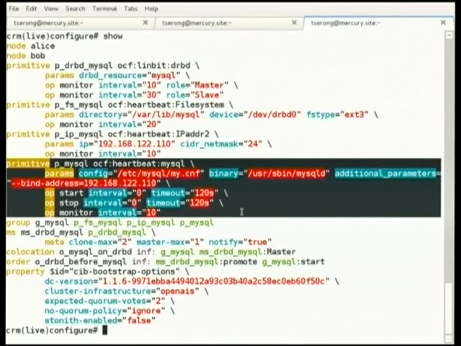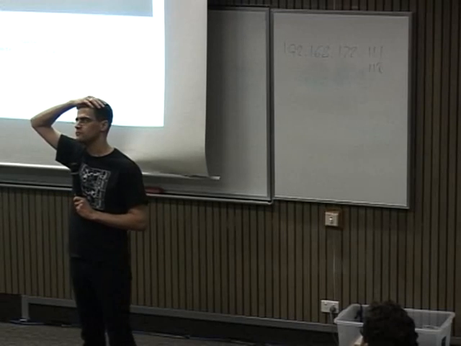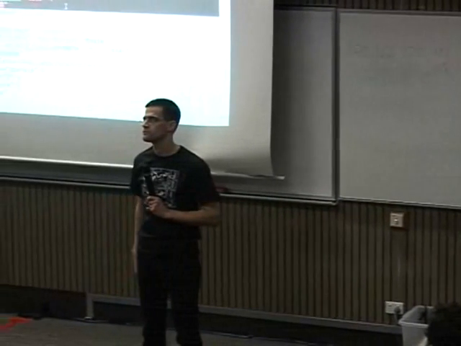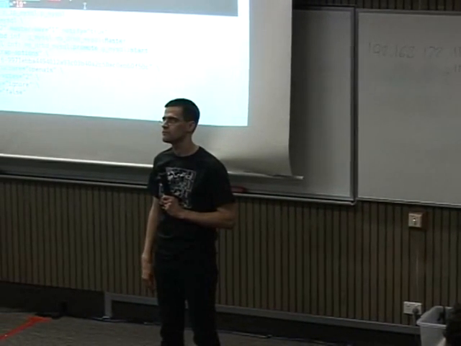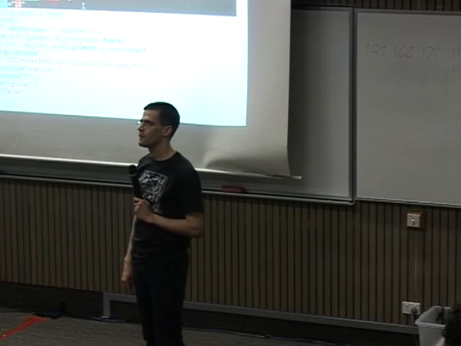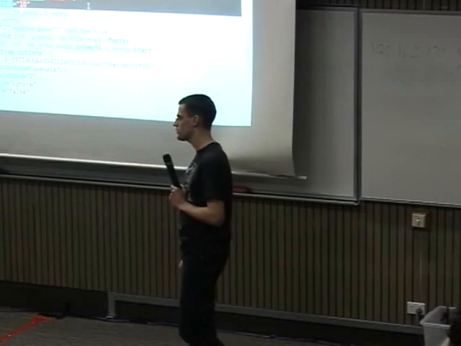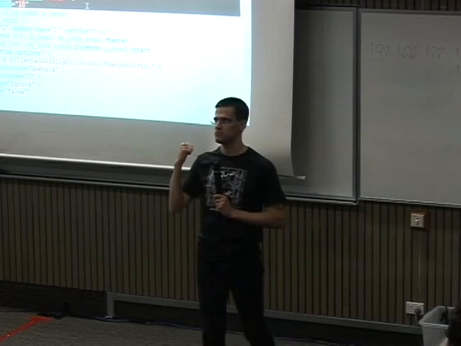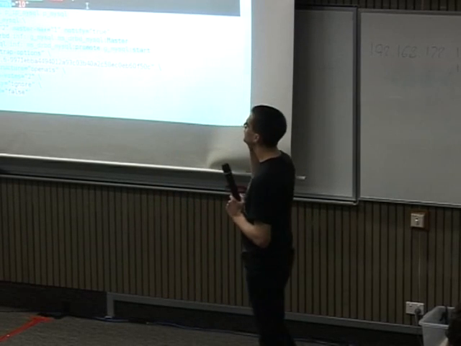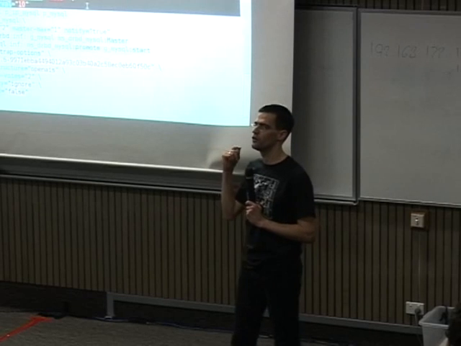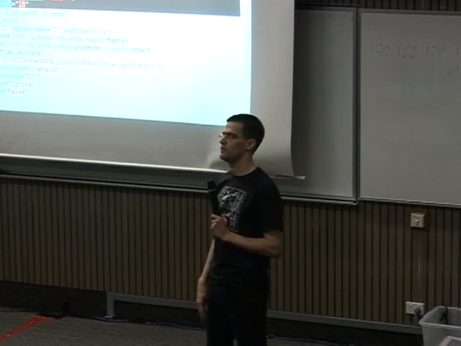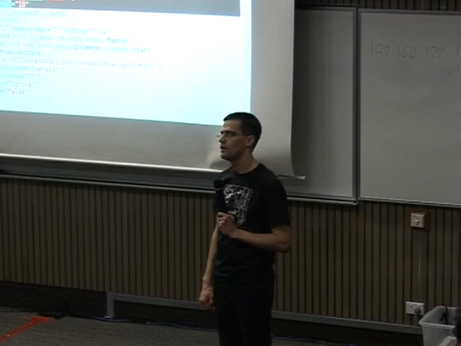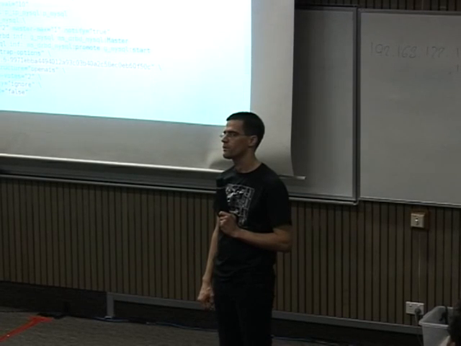May I ask a question here? I've asked you about this in IRC, but I think you may have missed it. Is there a way to specify which specific interface that IP address goes on? I know there's lots of smarts that tries to figure out which interface it's meant to go on. So the question was, is there a way to explicitly specify which interface this thing is meant to be listening on? Yes, of course. There is a nic parameter for the IPaddr2. Can it be different for each host? Like it might be eth0 on one host and eth4 on a different host?